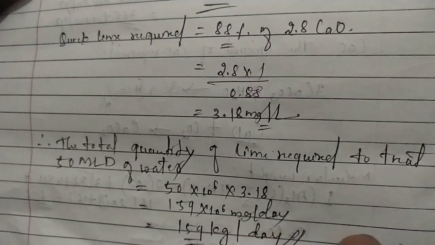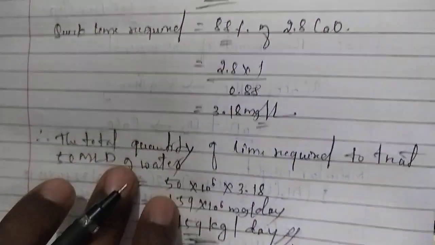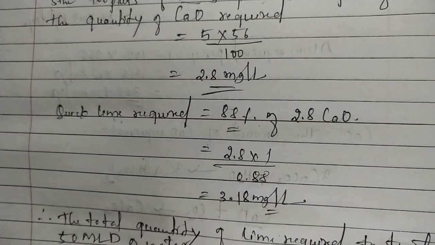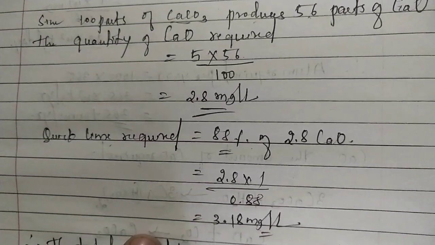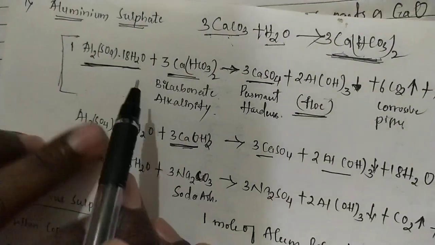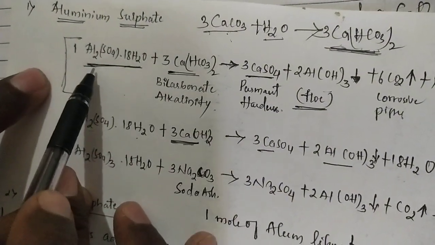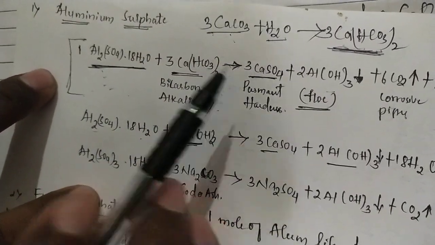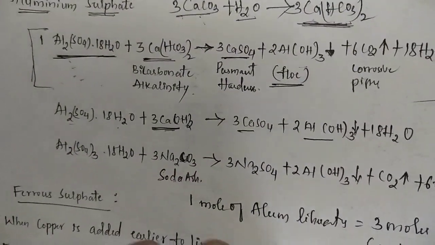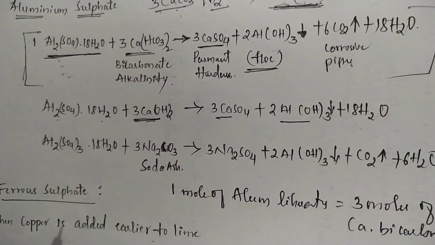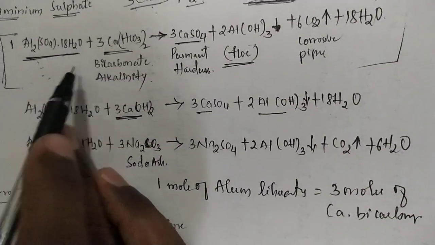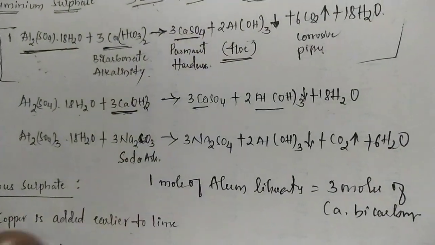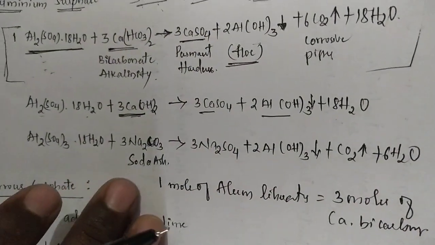To solve these problems, you have to remember the equation, that is, when you add aluminum sulfate to the water sample, how the reaction takes place and the equilibrium condition of that particular compound. You have to understand that. Once you get the idea of this equation, it is easy to solve every problem. Okay, thank you.